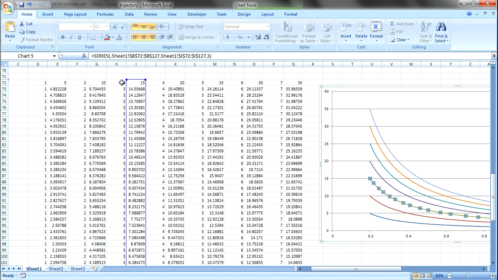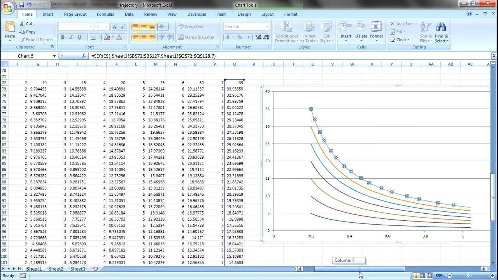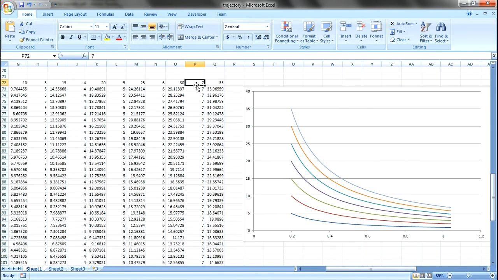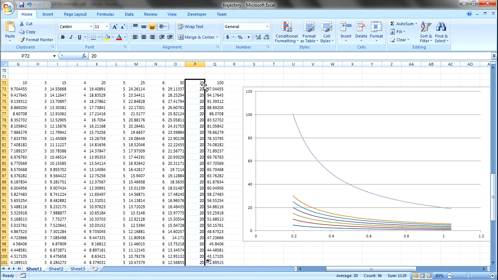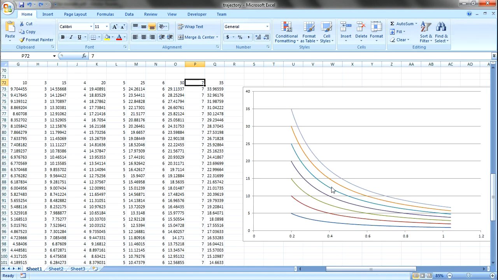Then c equals 3, and then c equals 4, and then c equals 7. You can see as you increase your streamline value, you'll move the graph higher. So in this case, if you put 20, 20 is this point over here, you can see it's moved. I hope you got what I mean.